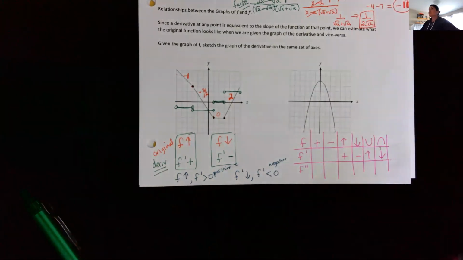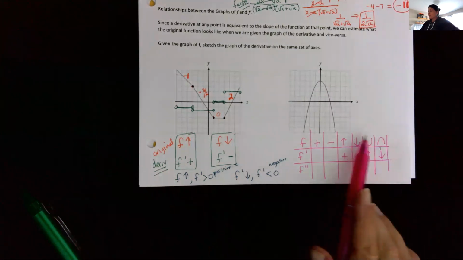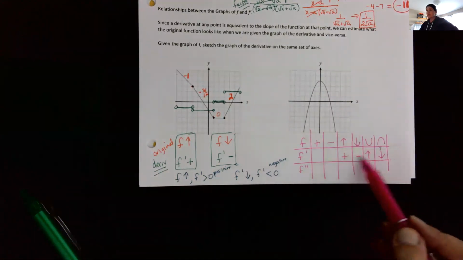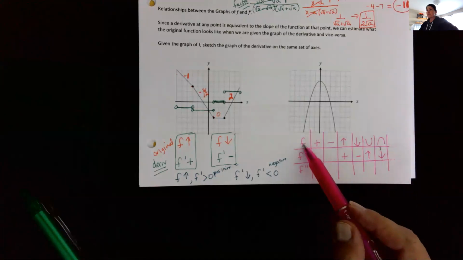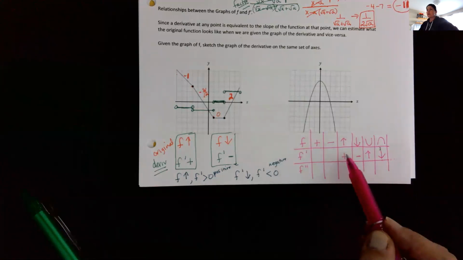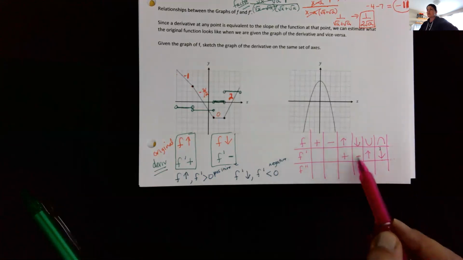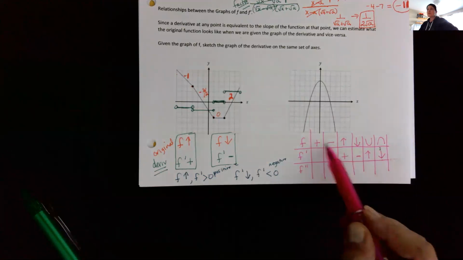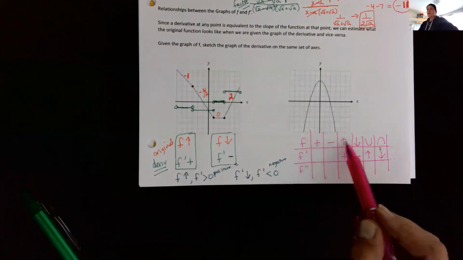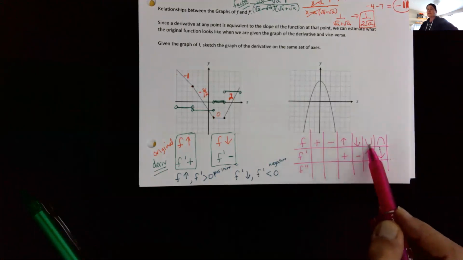What we just said within the chart is right in here. If your function f is on an increase, its derivative should be positive. If your function f is on a decrease, your first derivative should be in the negative area. It should be negative slopes. Positive slopes, negative slopes. Notice what's happening here. So plus minus, increase, decrease, and then these two.